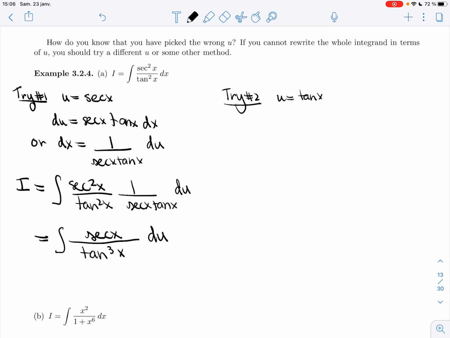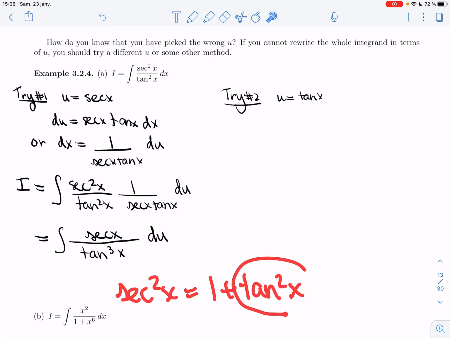At this point, I need to rewrite secant in terms of u. That's easy, since u is secant. And then I need to write tan cubed. Don't know how to do that. I mean, we do have that secant squared is 1 plus tan squared, and so I could get tan squared, but tan cubed, I cannot. I can only get even powers.